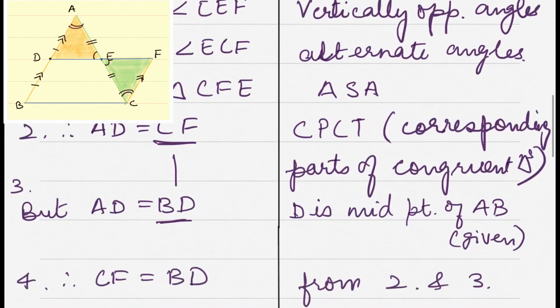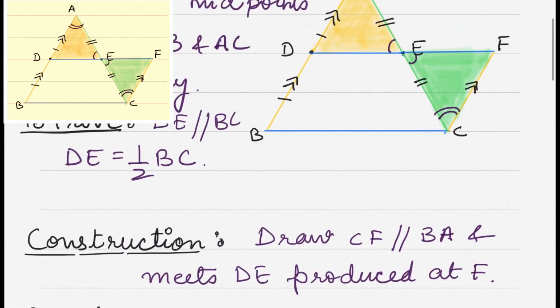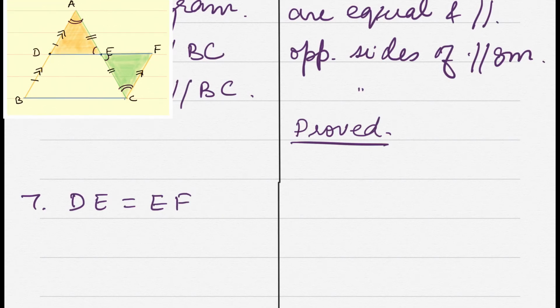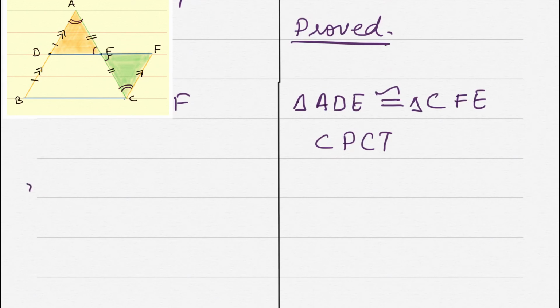Okay, now we have to prove that DE is equal to half of BC also. Now we know that from these two triangles only, DE is equal to EF, correct? So I can write down that DE is equal to EF, as triangle ADE is congruent to triangle CFE and through CPCT. So I can say that DE is equal to half of DF, because DE is equal to EF.